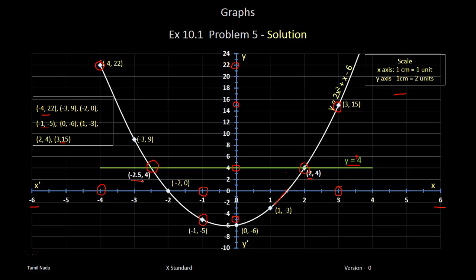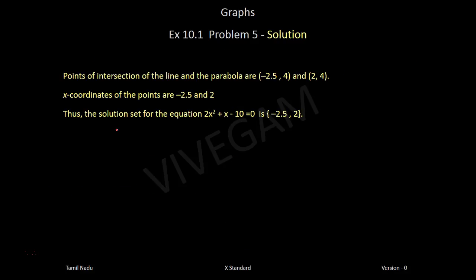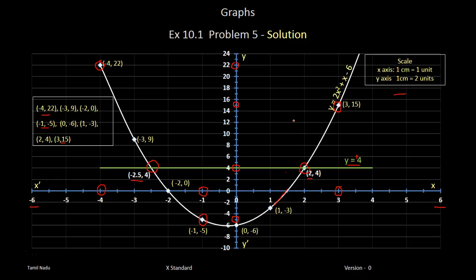You got it? So the points of intersection of the line and the parabola are (minus 2.5, 4) and (2, 4). The x values are minus 2.5 and 2. The solution set of the equation is the x values. Okay? So I hope you got it right.